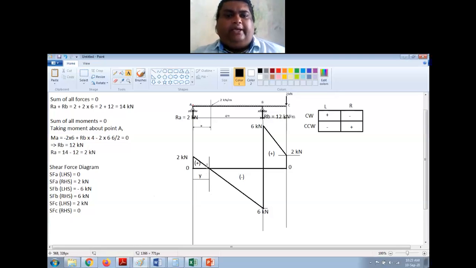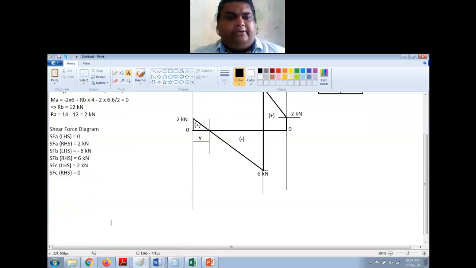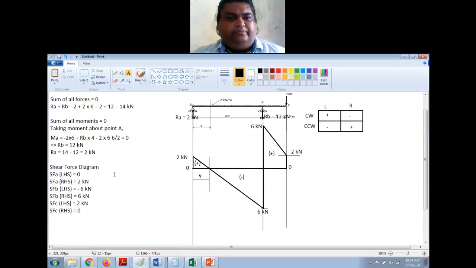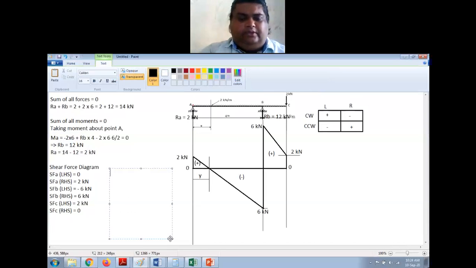For this, I can use the equation for shear force, right? So shear force at any point Y, I don't say Y, I will just say X, right? So that is any arbitrary point X, because Y is particularly showing that point.